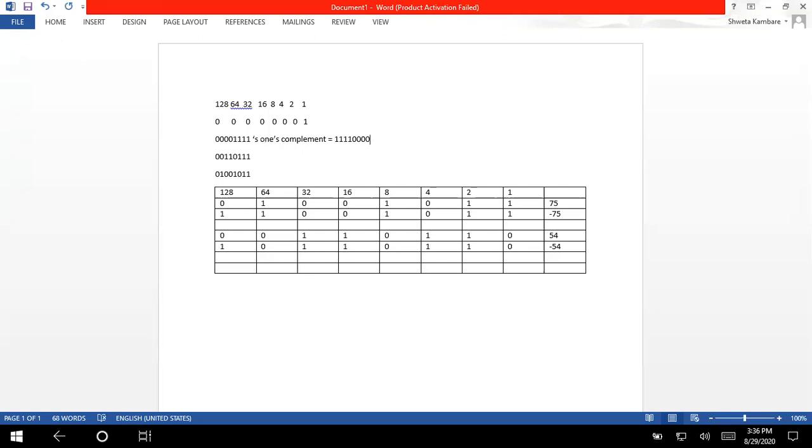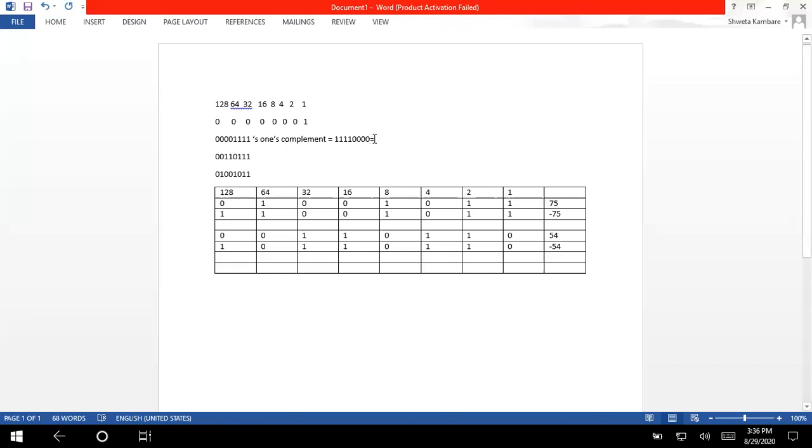Try to understand what I have done here. I have converted all the zeros to ones, all the ones to zeros. Now for calculating 2's complement, the step is to add 1 to this.